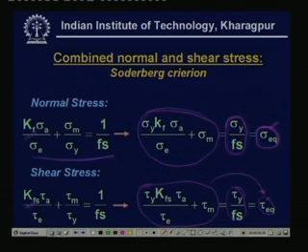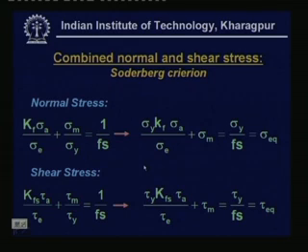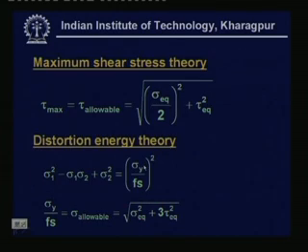Now, if we come down to the next slide, and use the maximum shear stress theory, then we get tau max equals tau allowable, nothing but the design stress, with the usual expression: square root of sigma equivalent by 2 whole square plus tau equivalent whole square.